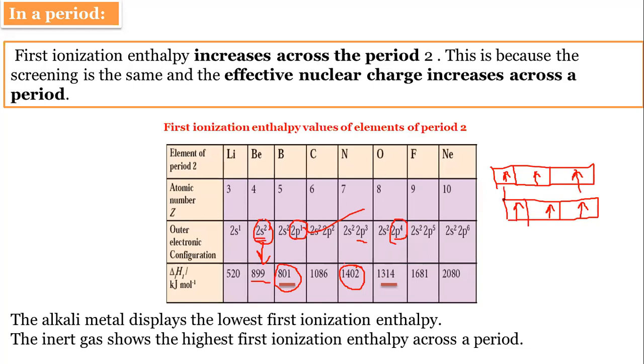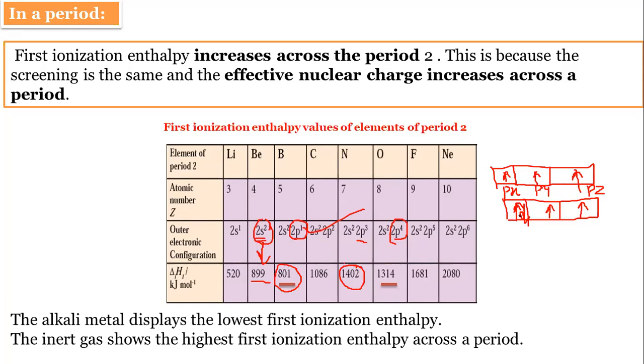These are called px, py and pz, the 3 p orbitals. But the fourth electron will be paired here. The fourth electron in case of oxygen will be paired here. So there is a repulsion between these electrons, one upward and one downward.